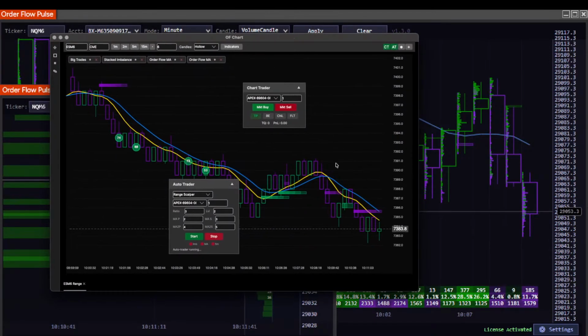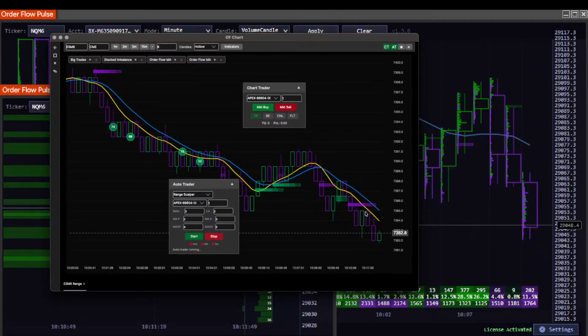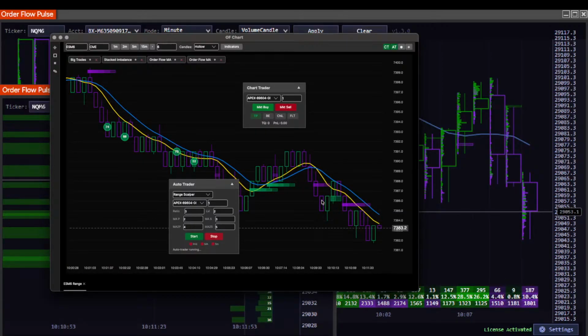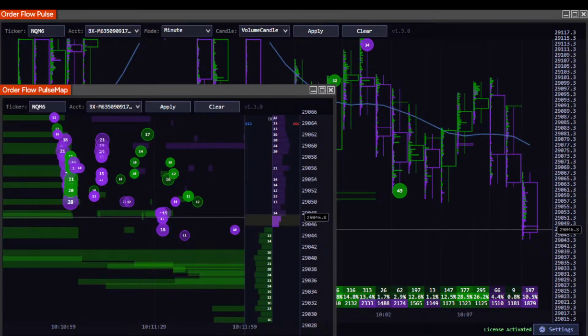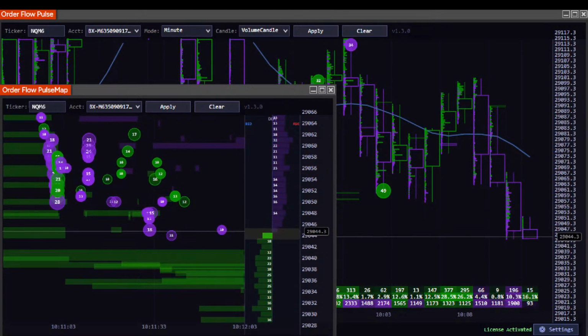See right here, I'm taking these imbalances. I took a buy imbalance right up in here, and then we kind of faded away, and then got very little, and then I took a sell right here, and then kind of added to it, and then we kind of dumped down a little bit, but not much is going on, to be quite honest.